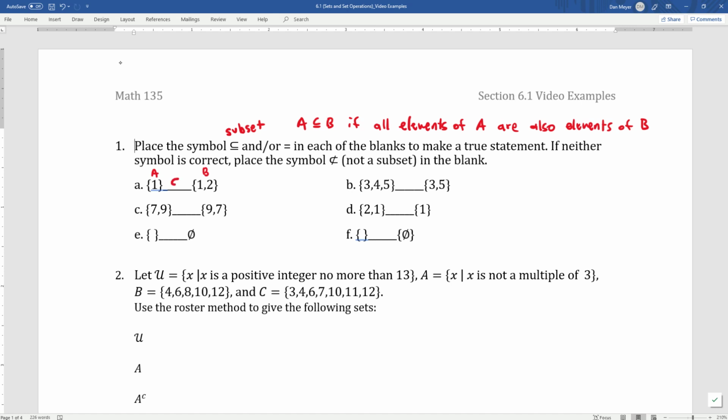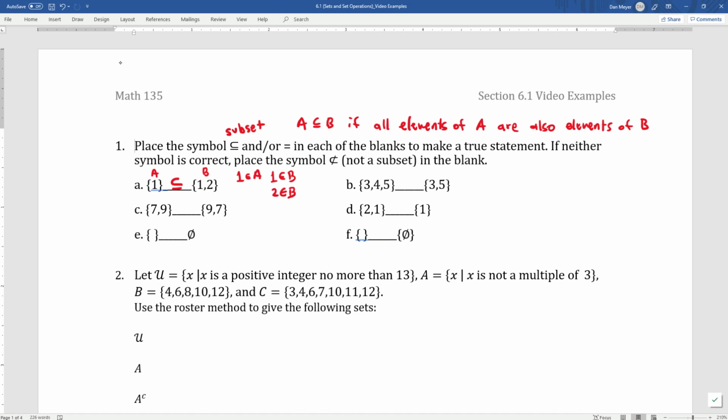So yes, this is a subset. Now, just remembering the element relation, 1 is an element of A. And 1 is also an element of B. 2 is also an element of B. It's one of the things in the set B.